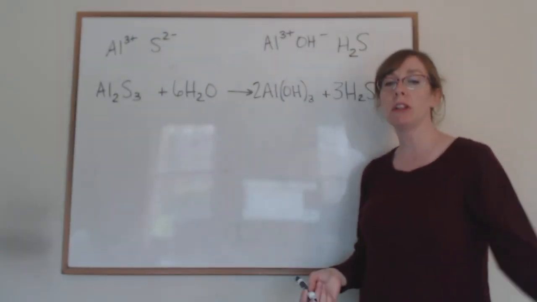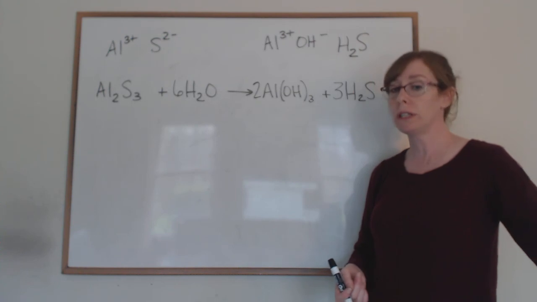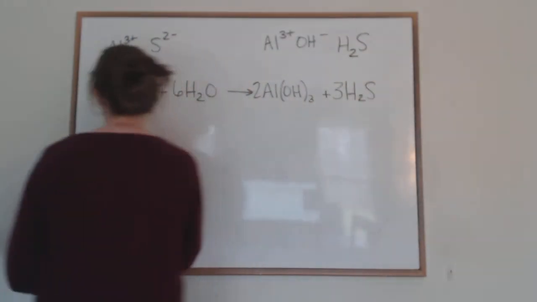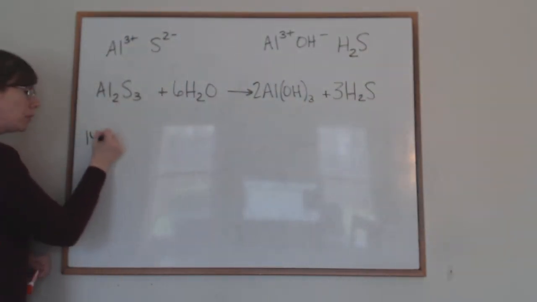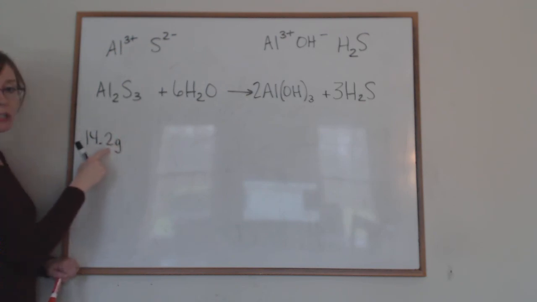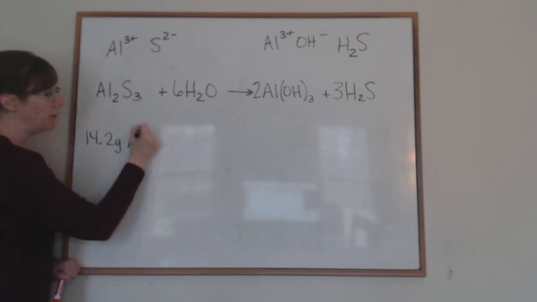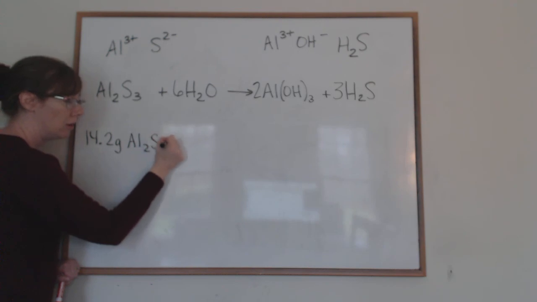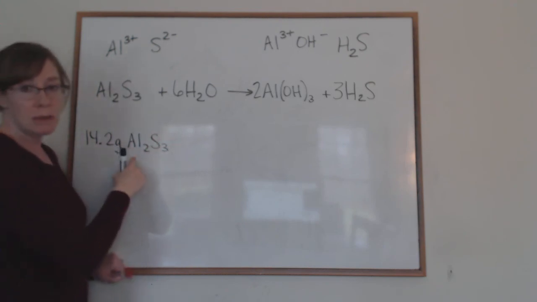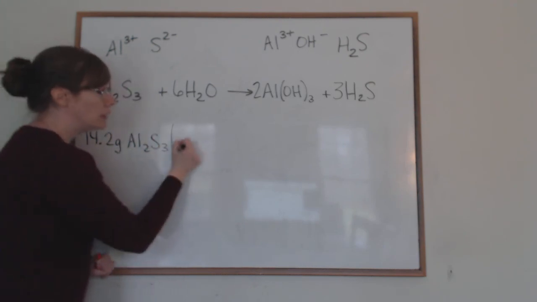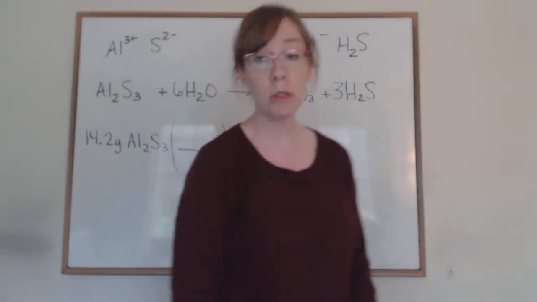Okay, how many grams of aluminum hydroxide are obtained from 14.2 grams of aluminum sulfide? Hopefully you see that as a stoichiometry question because my information is 14.2 grams of aluminum sulfide, but my question is about grams of aluminum hydroxide. So this is stoichiometry, meaning you're going to need a mole-to-mole ratio.